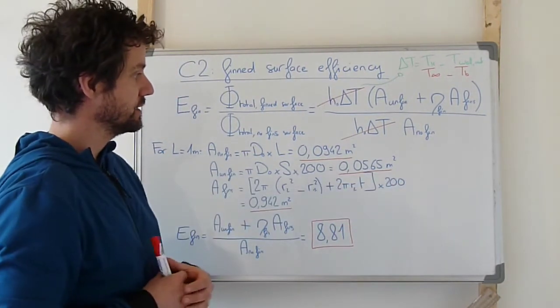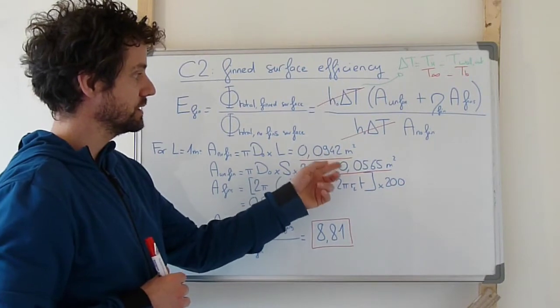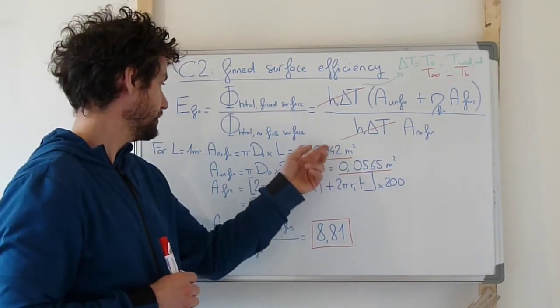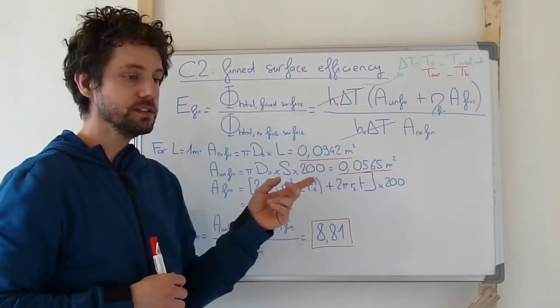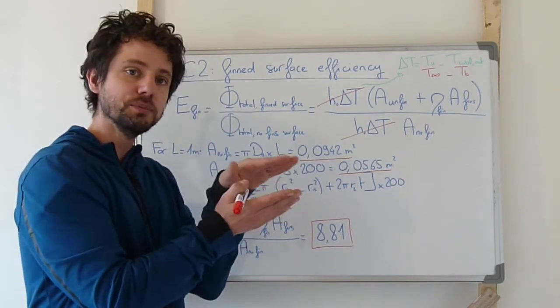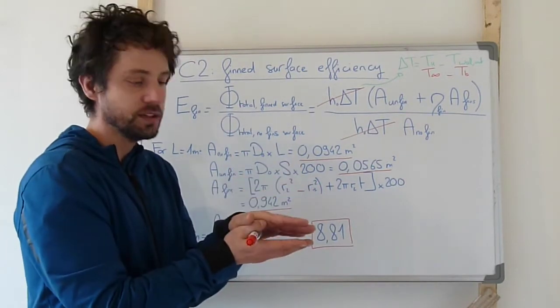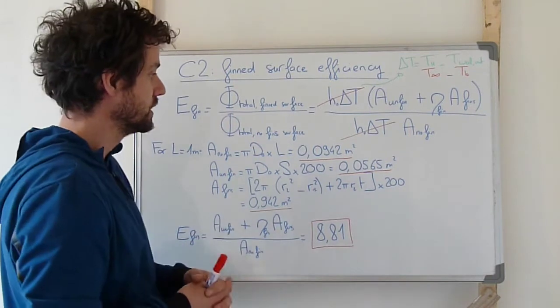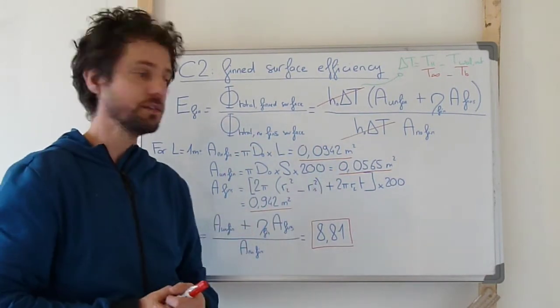In fact, we get a bit more than half of the no-fin surface, because we have 3 millimeters between two fins and 2 millimeter thickness for all the fins.